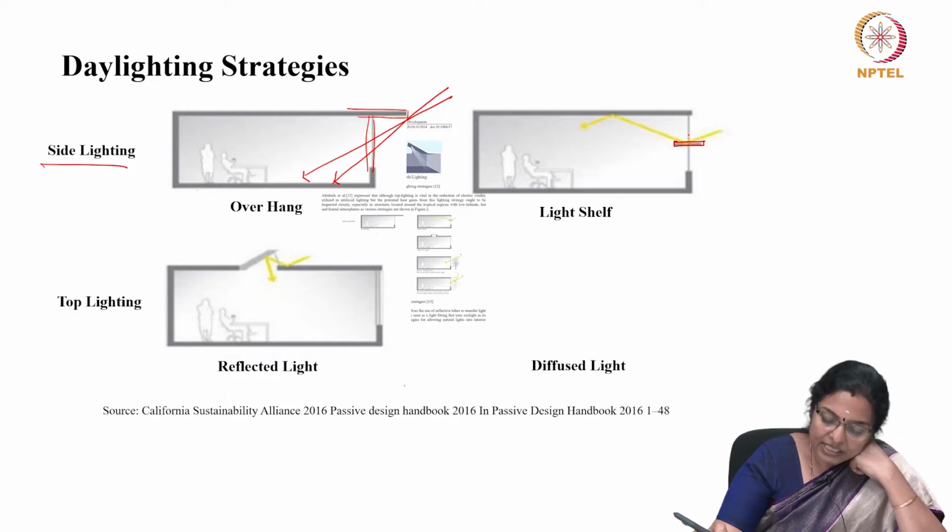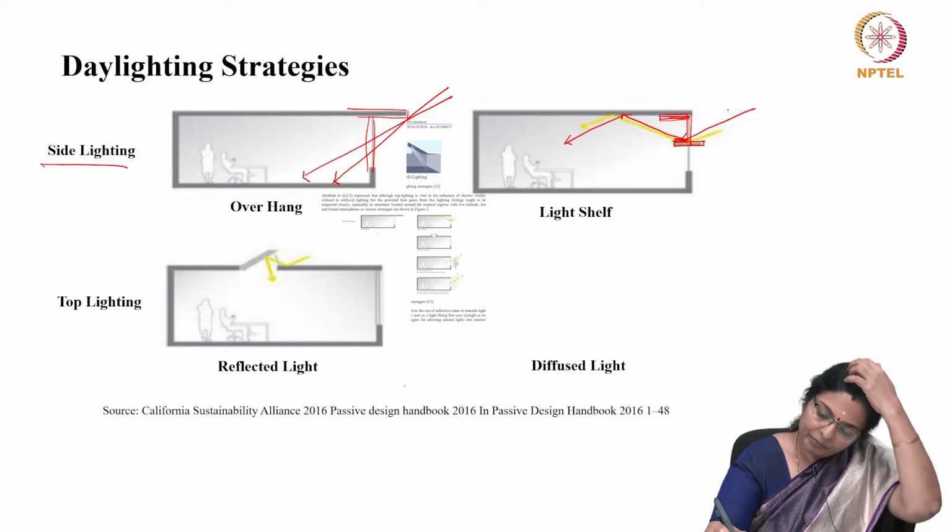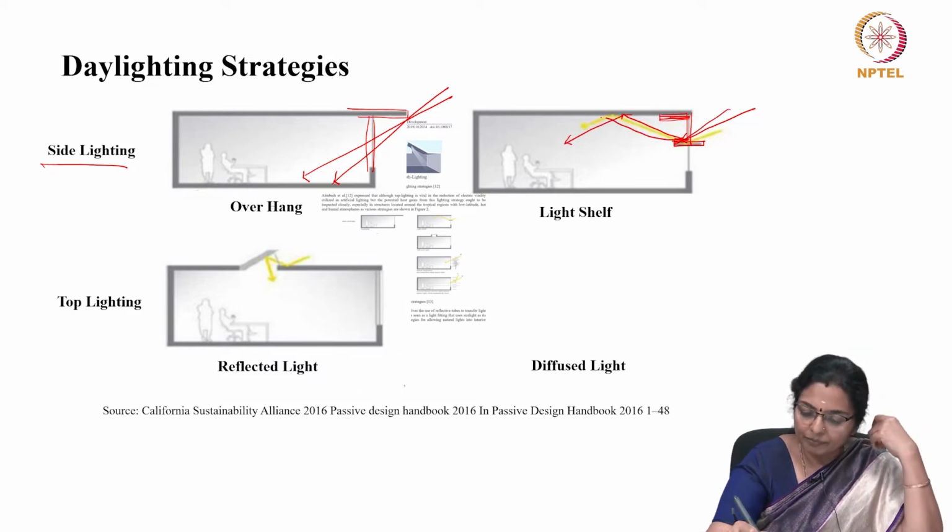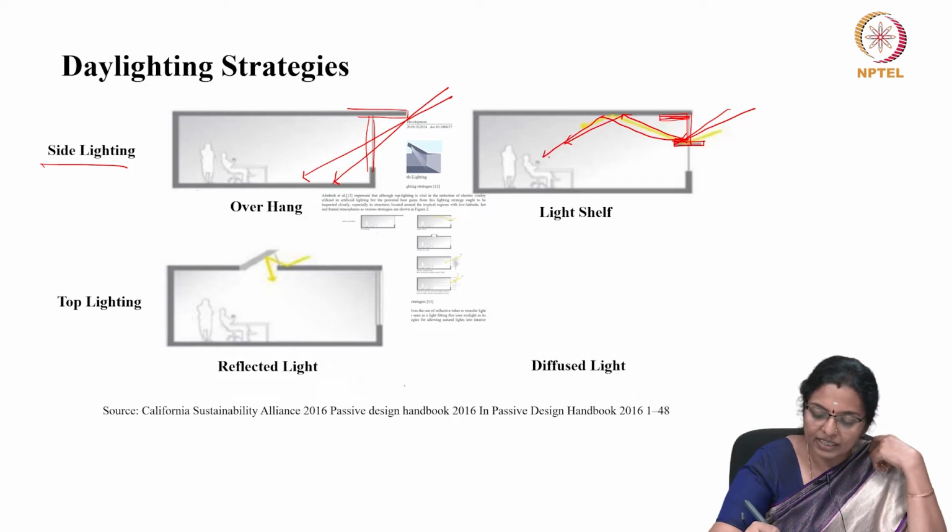Light shelves are surfaces, sometimes a shiny surface, a reflective surface. Light strikes on this and gets reflected, and diffused light falls on the working area.